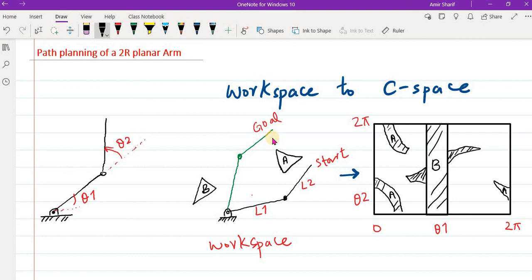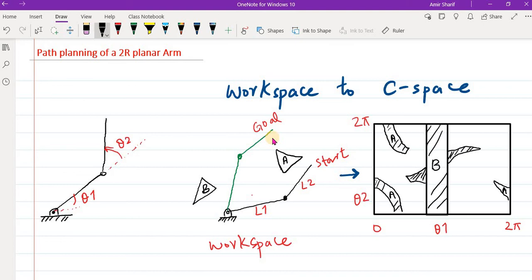And similarly, the other possible values where the collision can occur are when your theta 1 is low and theta 2 is very high, in the range of above 270 degrees. In this range also you will get a collision, so I've drawn it here like this.